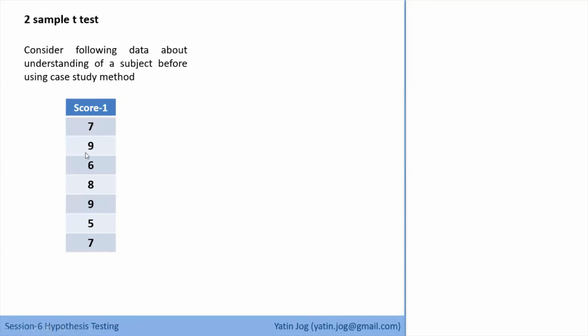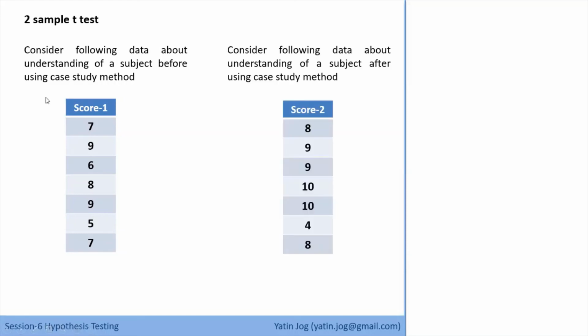These are the scores obtained by 7 students in a test which I kept before implementing the case study method. Then I use the case study method for a few sessions, conduct another test for the same 7 students, and note down the scores obtained in the second test. These are the new scores after using the case study method.